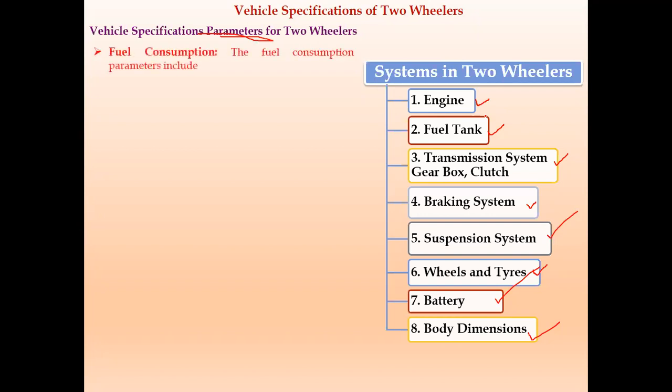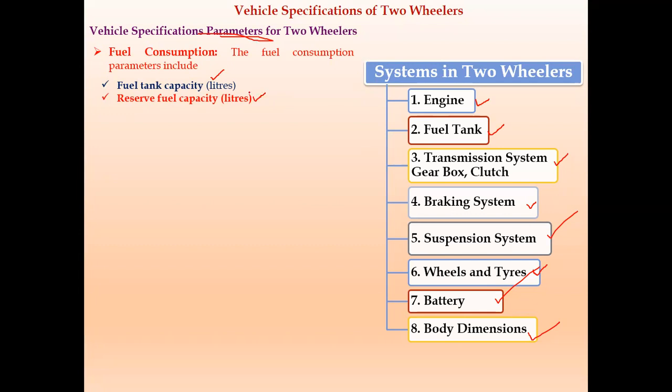Now, first we will see other than engine, that is fuel tank, or you can say fuel consumption. Fuel consumption includes the fuel tank capacity, that is in liters. Next parameter is the reserve fuel capacity, which is also in liters.